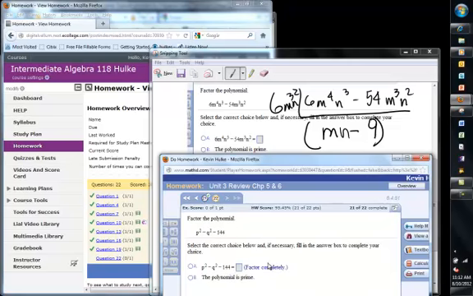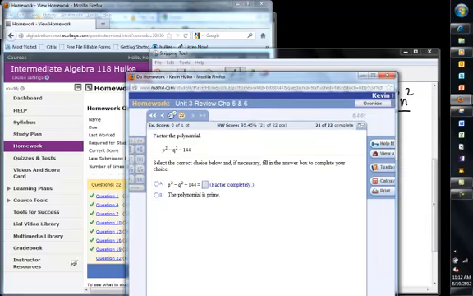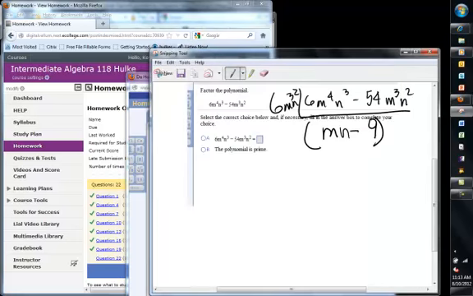Factor this polynomial. P squared minus q squared minus 144. Tempted to say it's prime, because I'm going to try some different things here just to make sure.